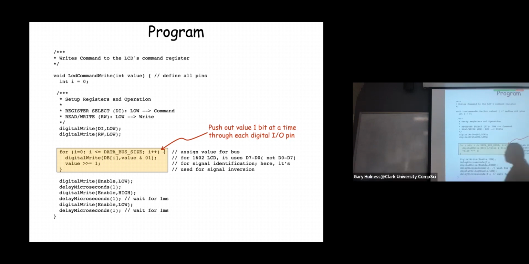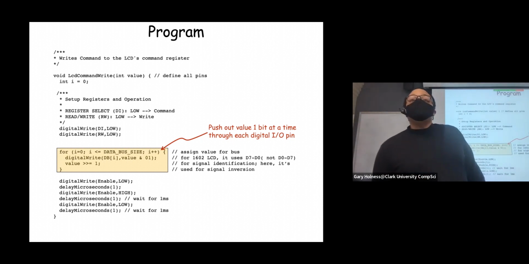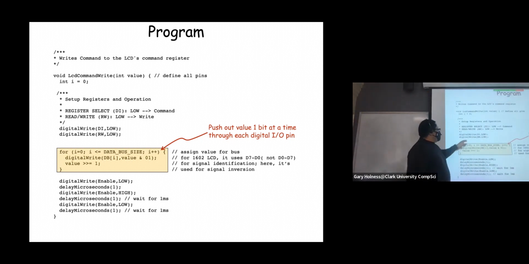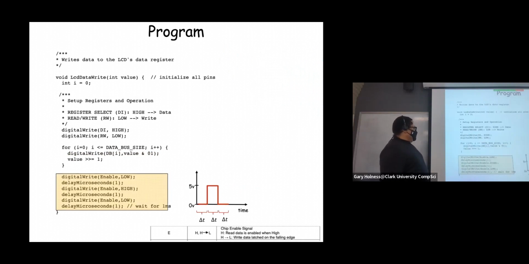Once I've done that, I have selected that this is a command, so it knows to send whatever's on the data bus to the command register, and it's going to be a write operation. I want to bring this value in and store it someplace.